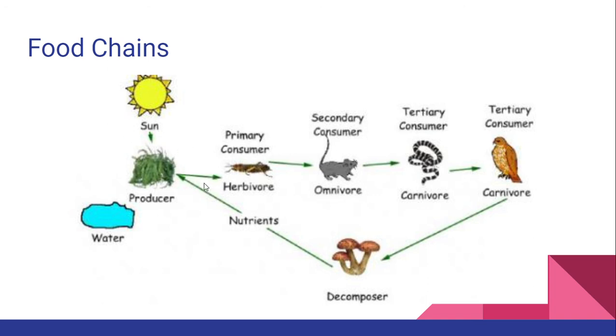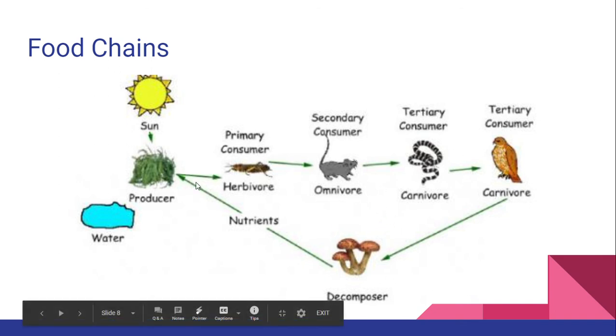Then we see a primary consumer, or a consumer that's a herbivore or an omnivore, gets its food from the producers, or the plants, because the arrow is pointing towards them. Next, we see a secondary consumer gets its energy from the cricket. So the mouse is eating the cricket. And this continues on until the last animal, the tertiary consumer, and all of these animals will eventually die, and then the decomposers will take care of it.